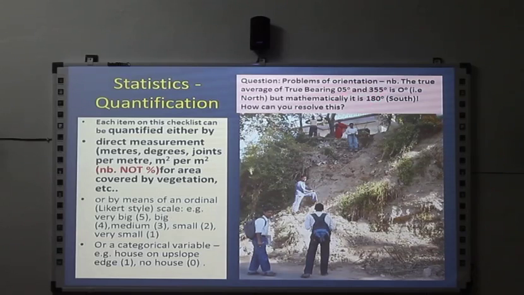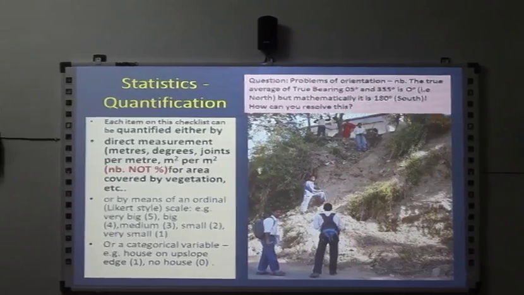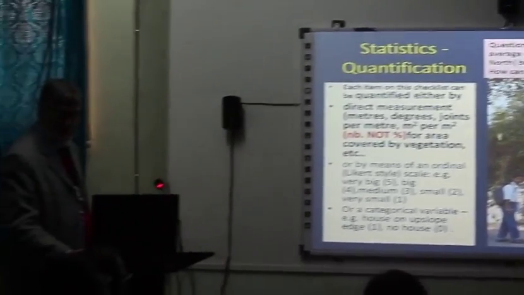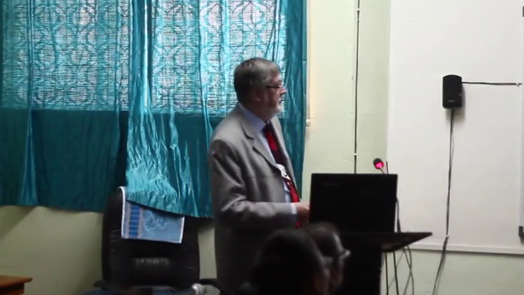Because the average of 5 and 355 is going to be 180. It's not going to be 360, which is the true average. So sometimes you have to play with your compass measurements in order to make something that makes sense in this case. If I had the time, I would have you resolving how to do that, but it's actually not difficult when you think about it. But it's one to watch out for.